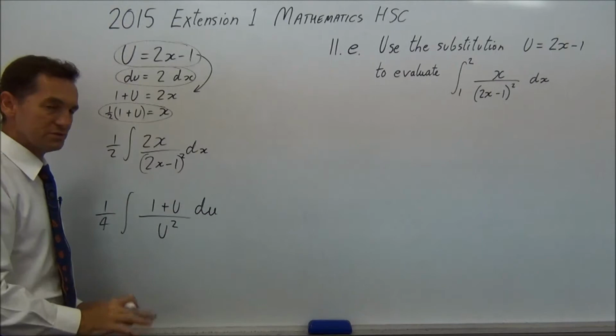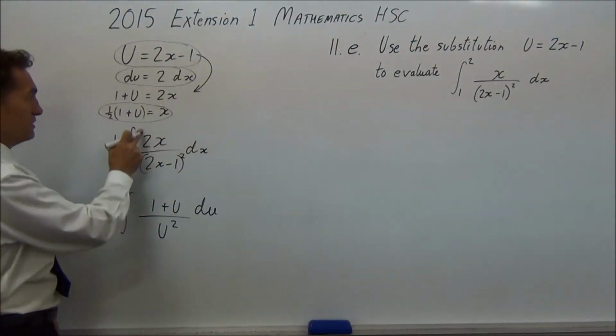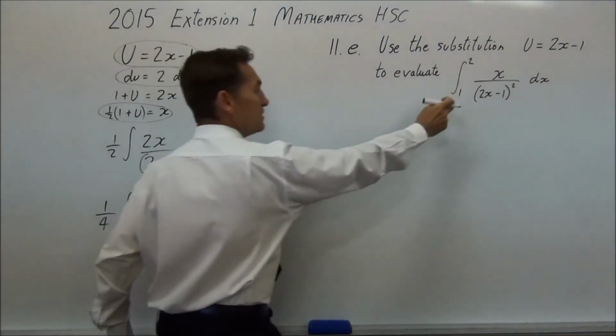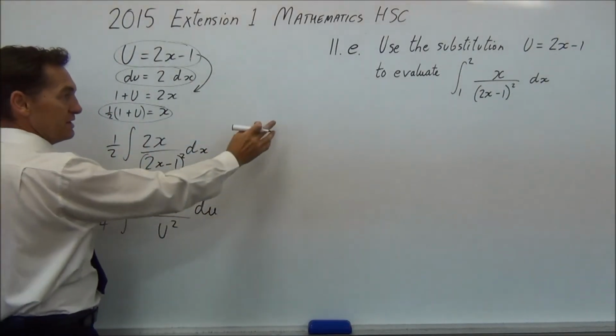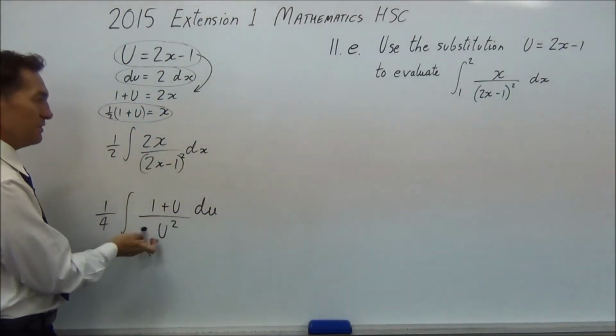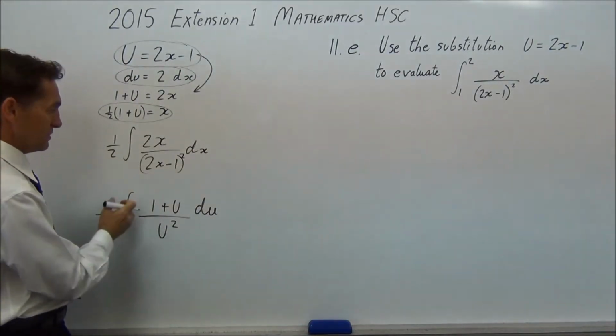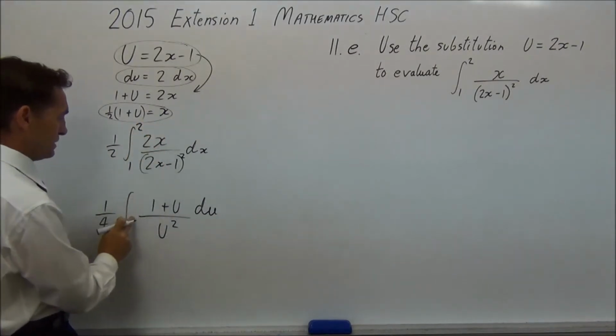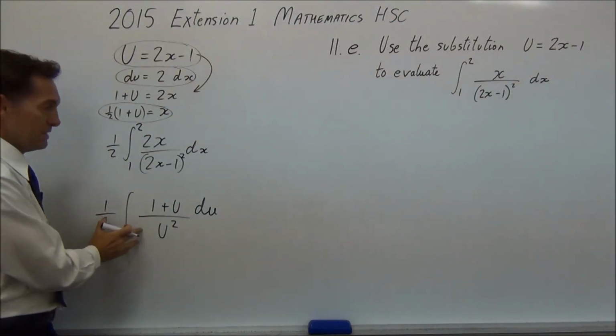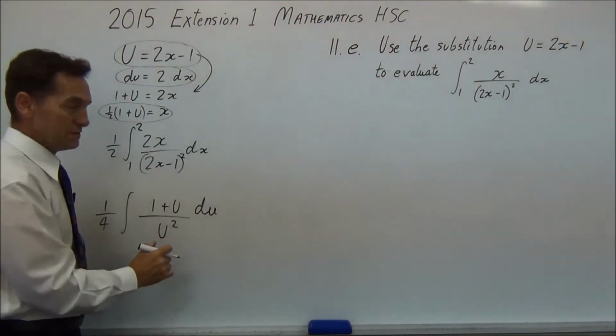Once you're here, it's not so bad. Now notice I haven't put in the values here of 1 and 2 because they're not valid, and they won't be valid until I get the x's back in there. You can translate them, and some people do that. Here I've got 1 and 2, and here I'm not going to put them in, and I won't put them back in until later on.